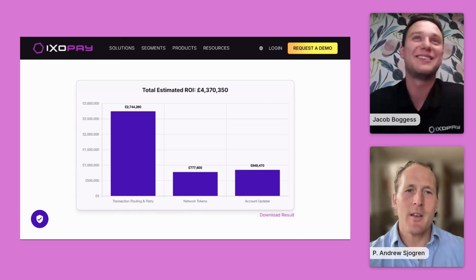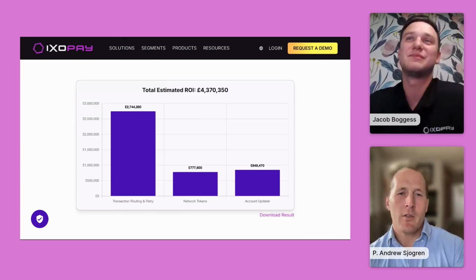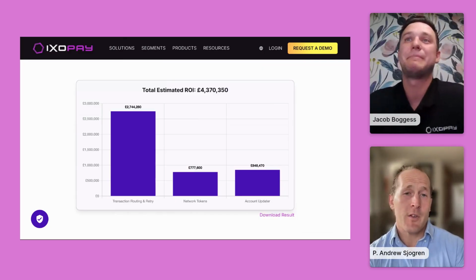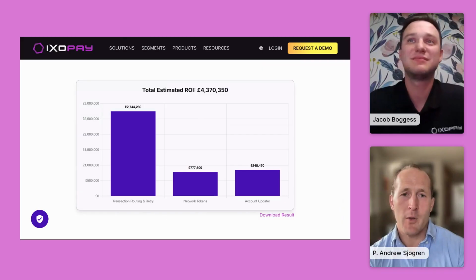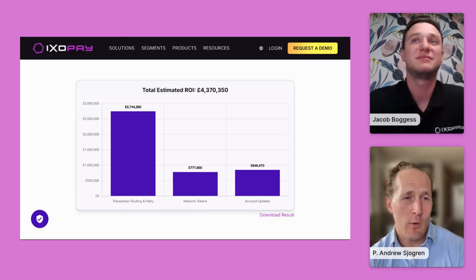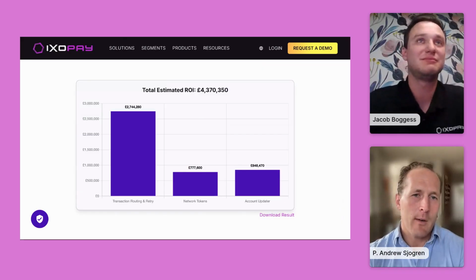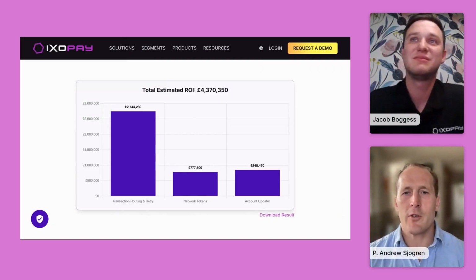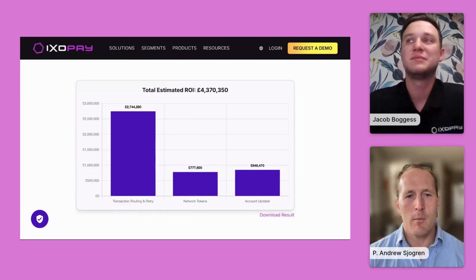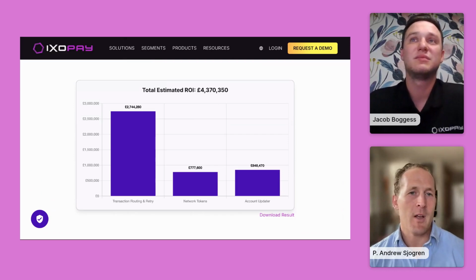Yeah, absolutely. And you could be responding to this as a customer saying, hey, we've already got the most sophisticated account updater setup you can imagine. We are not interested in network tokens one little bit. But this still interests me. Tell me how you can optimize my cross-border payments.